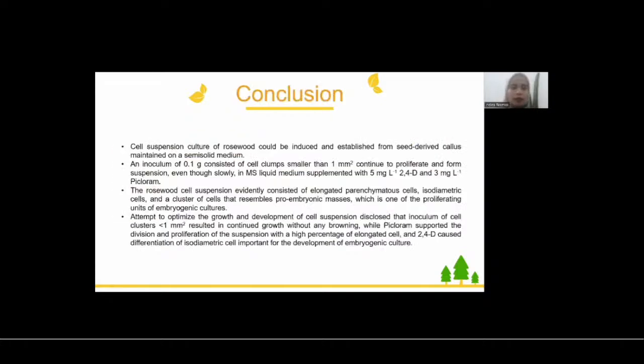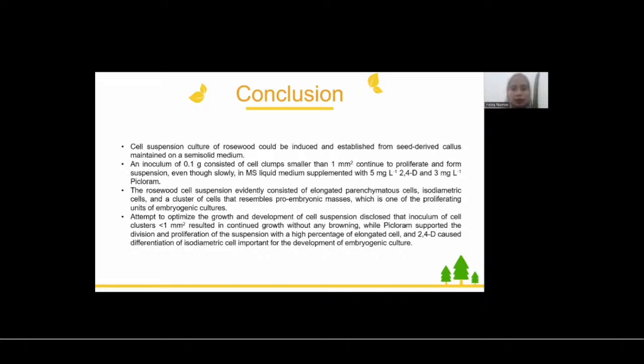The conclusion: cell suspension culture of rosewood could be induced and established from seed-derived callus maintained on a semi-solid medium. An inoculum of 0.1 gram consisting of cell clumps smaller than 1 millimeter continued to proliferate and form suspension, even though slowly, in MS liquid medium supplemented with 5 milligram 2,4-D and 3 milligram picloram.